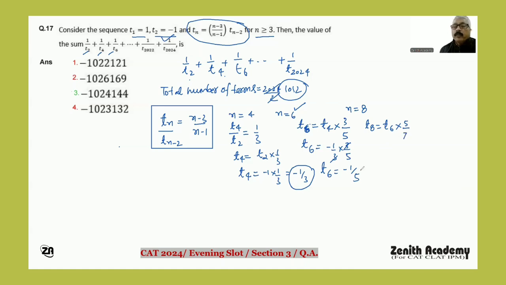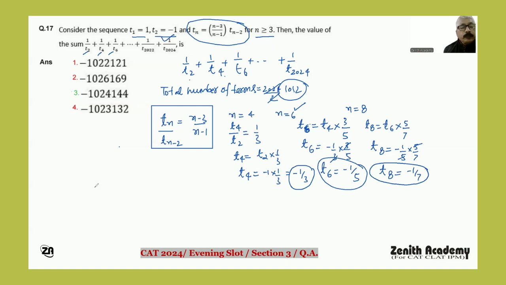This way, this is T6. This is T8. What is T6? T6 is minus 1 by 5. Into 5 by 7. So T8 is going to be minus 1 by 7. Right? Now look here.